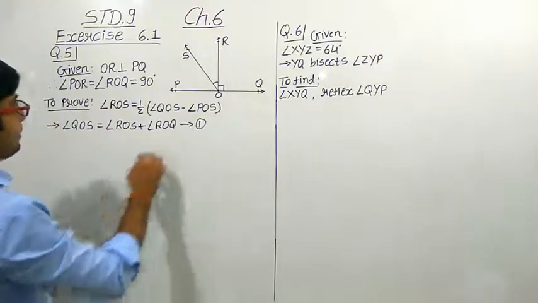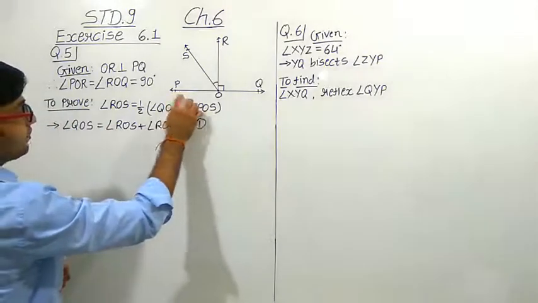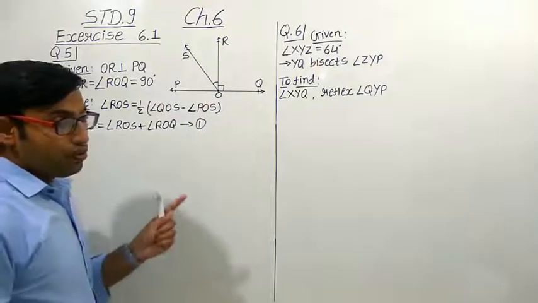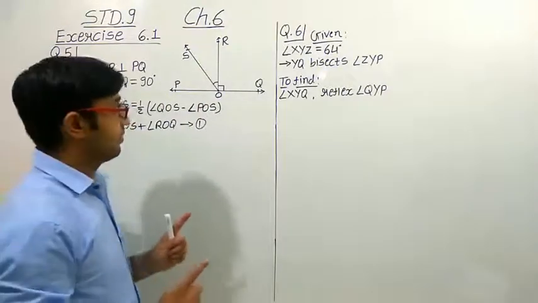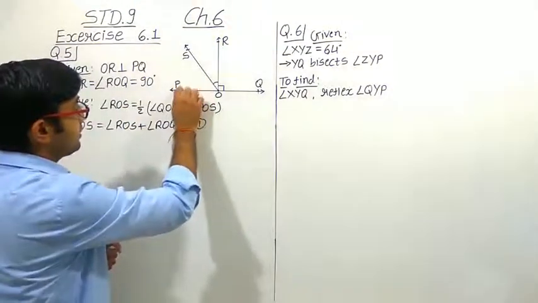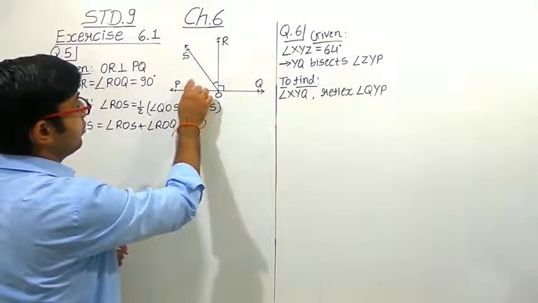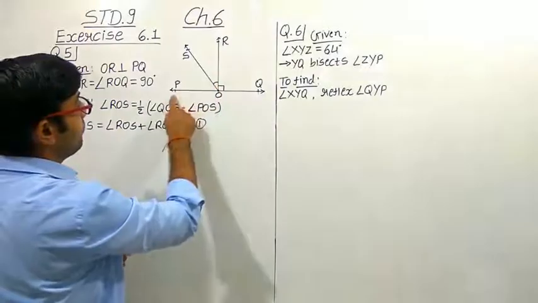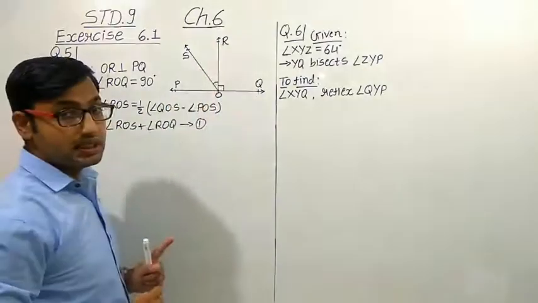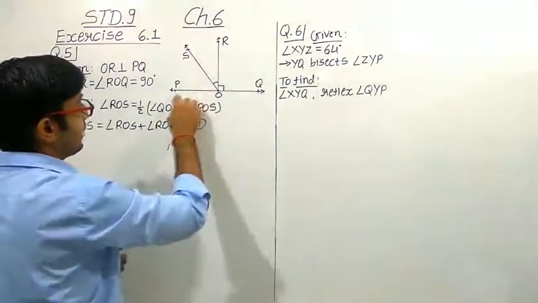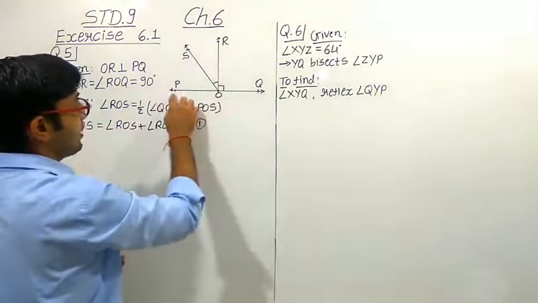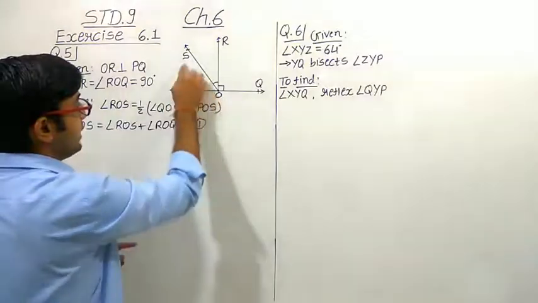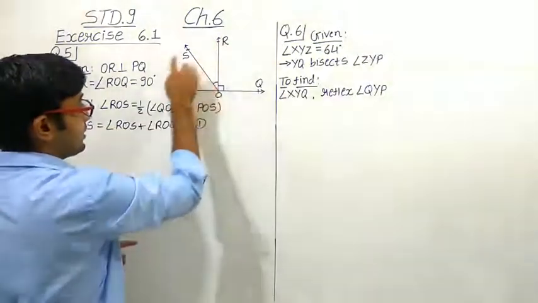Now in the same way, you can think about POS. See, POS is here. But POS is not the addition of two adjacent angles. POS is one of the two adjacent angles of POR. See, if we write down the angle POR, then this POR is made by the two angles POS and ROS.